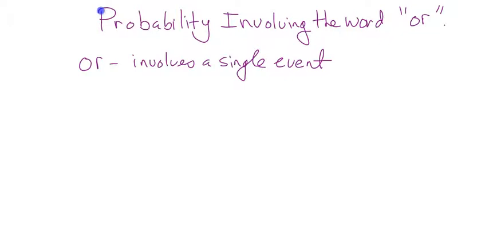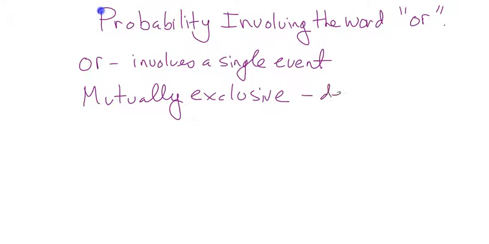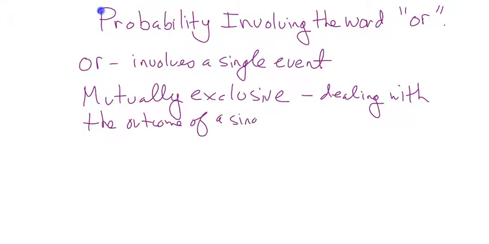You're also going to see the words mutually exclusive. It's talking about the outcome of that single event. Mutually exclusive is dealing with the outcome of a single event, and it's tied to the word or.